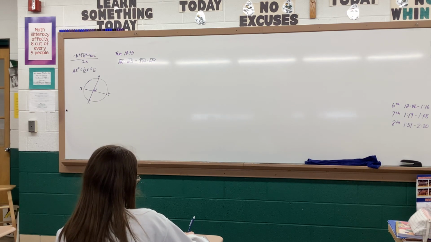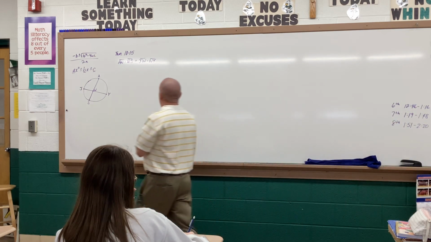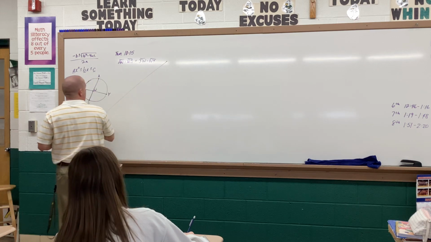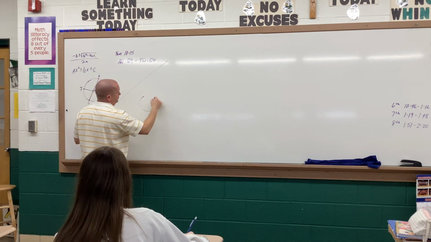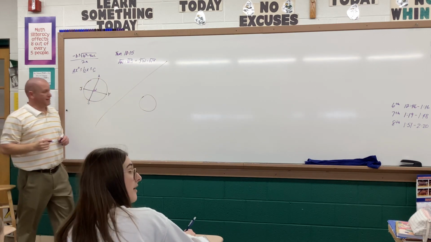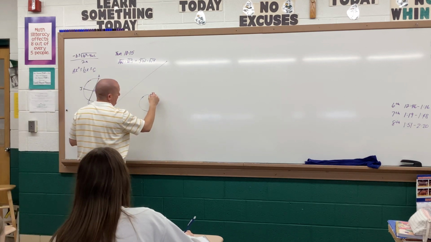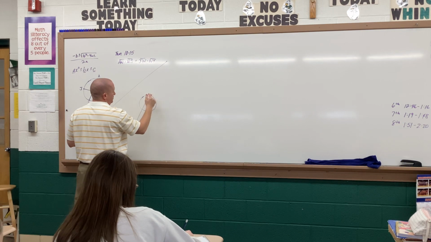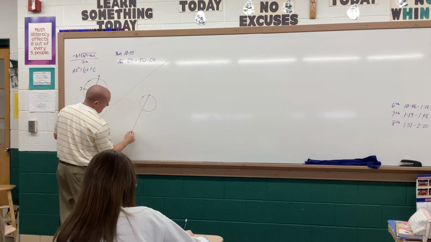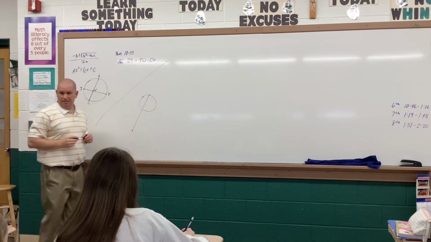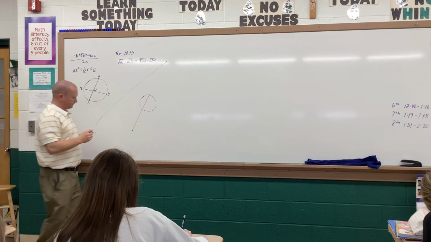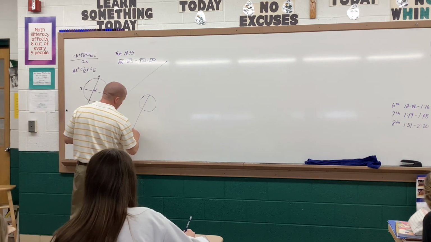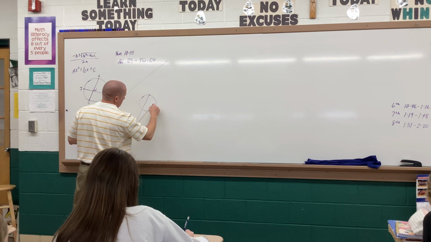So the next thing that we're going to talk about, so this is our first one. The next thing that they talk about in this is if I drew a circle again, and now I had a secant that was like on the outside of my circle. And I still just had it as a segment. Okay? And then I had another one starting here, and I went this way.